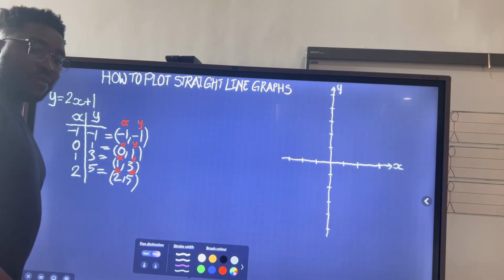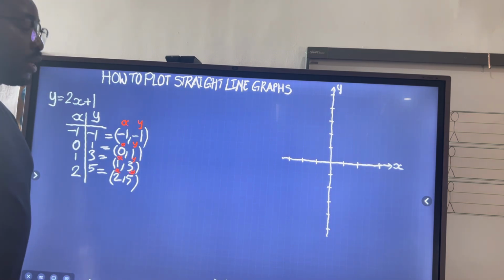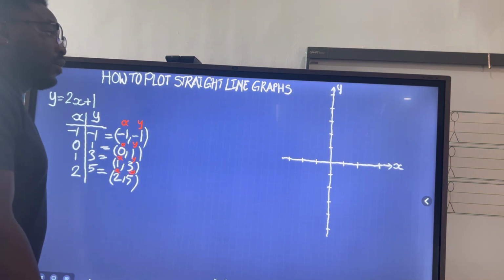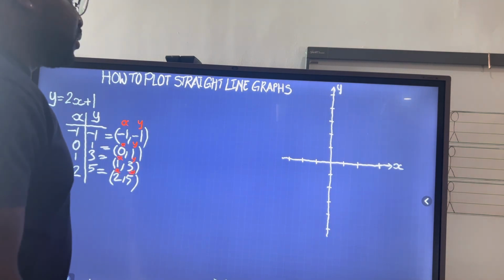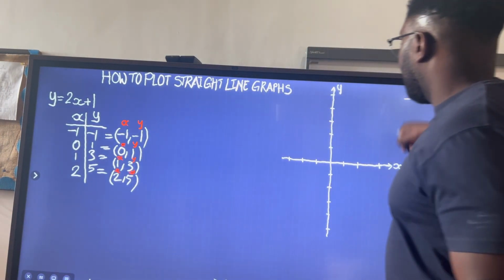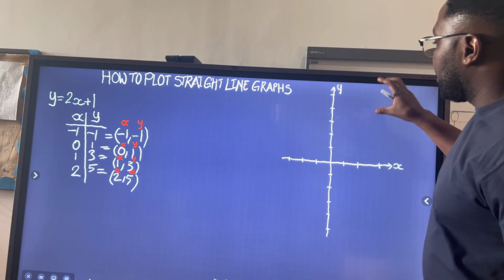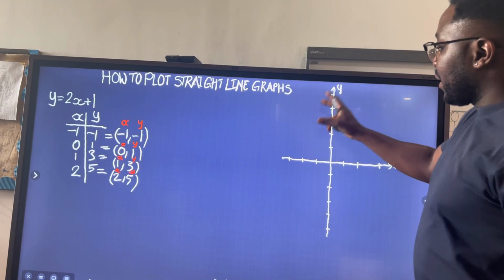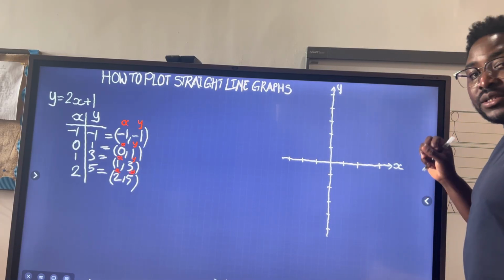Now that we found our coordinates, we can plot them on our x and y plane. If we look at our plane over here, we call this the first quadrant, second quadrant, third quadrant, and fourth quadrant.